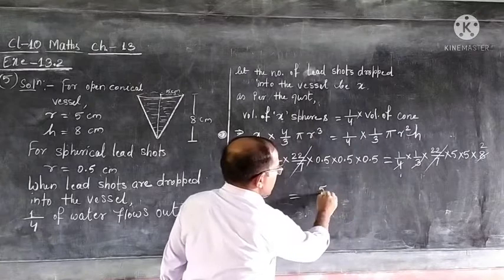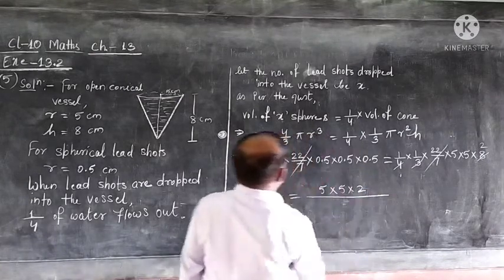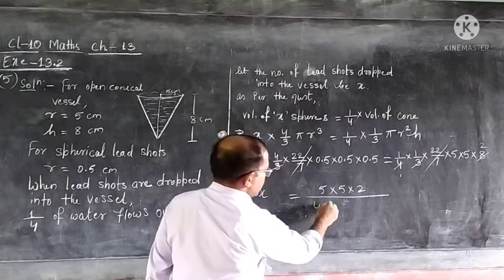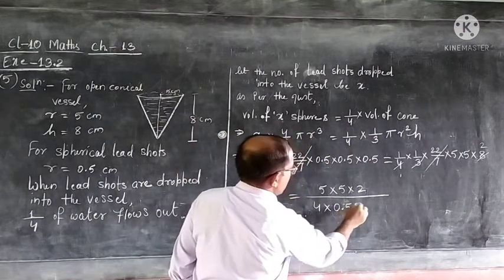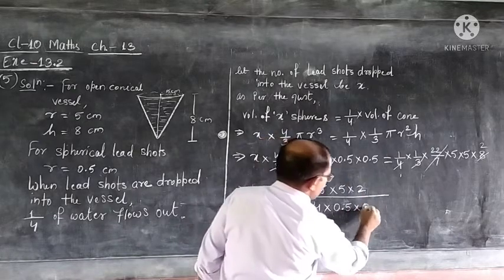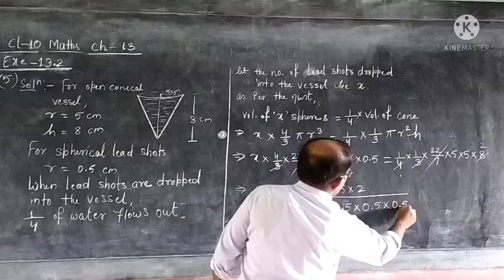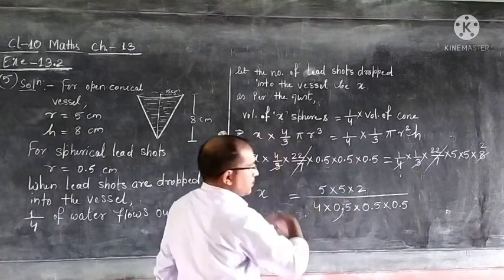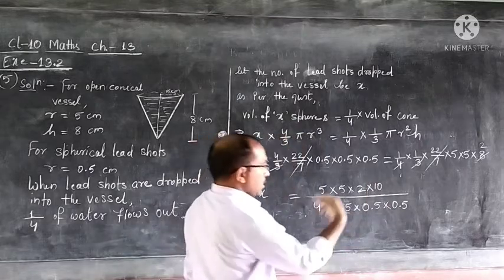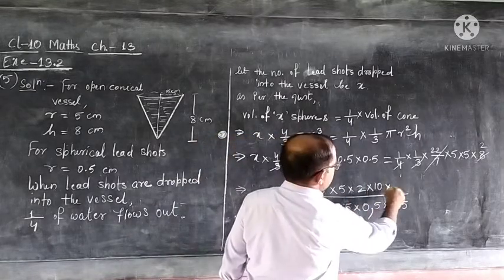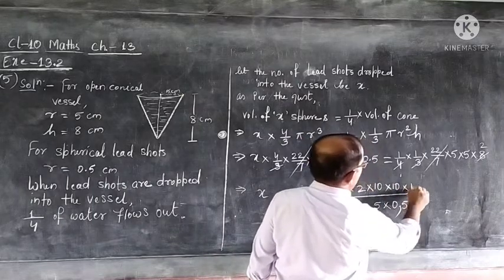So that will remain in the numerator, and 4 will come in division, 0.5 also in division, meaning in the denominator, again 0.5, and one more 0.5. And very carefully remove the decimal from here, 10 will come because it has one decimal digit. Second one also, remove decimal, another 10 will come. This decimal also we will remove, one more 10 will come.